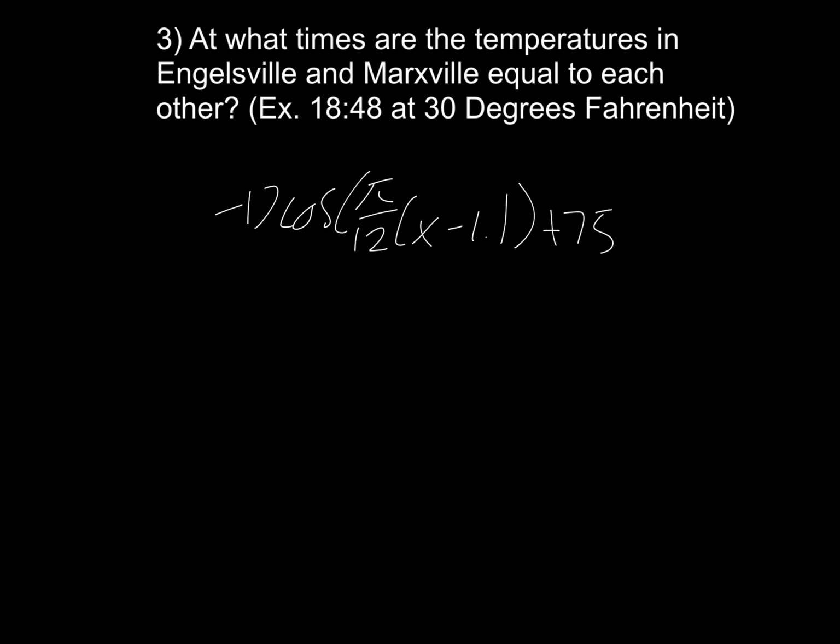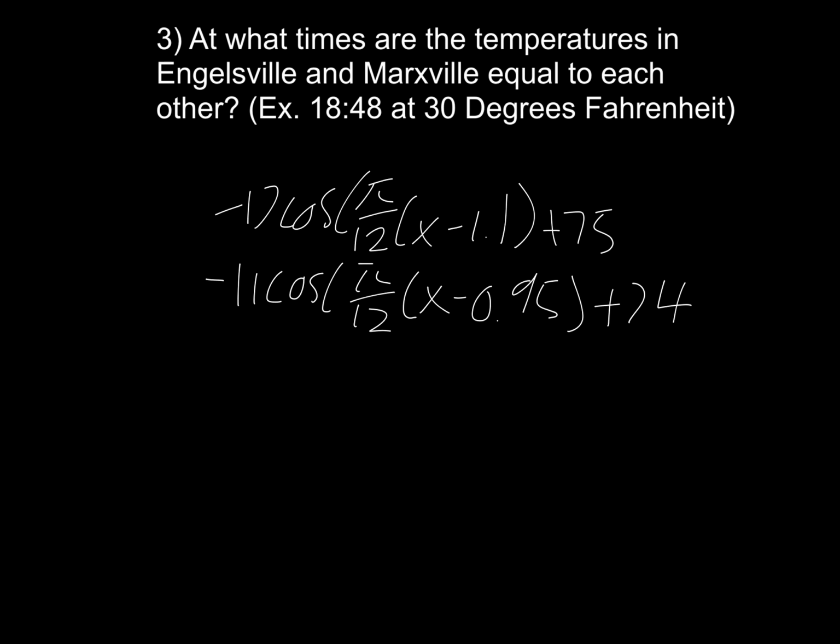And Marksville is negative 11 cosine pi over 12 times x minus 0.95, plus 74. We will set this to y1 and this to y2. After you type this out, it should look like this.